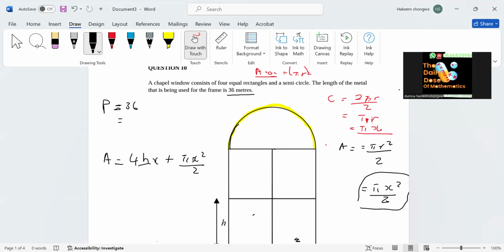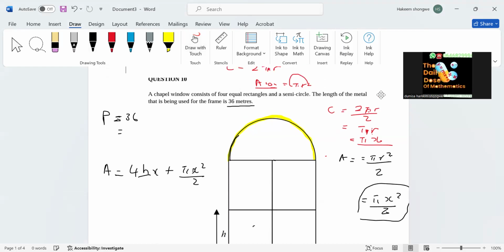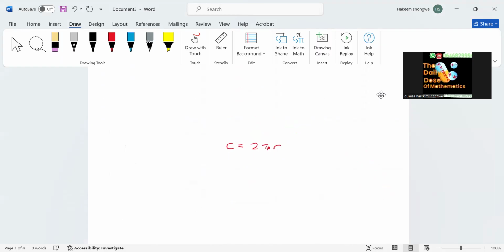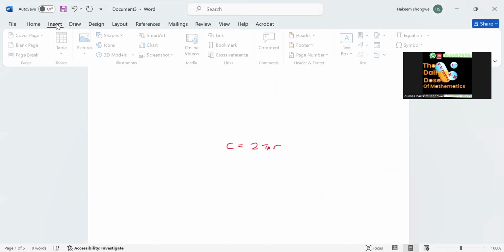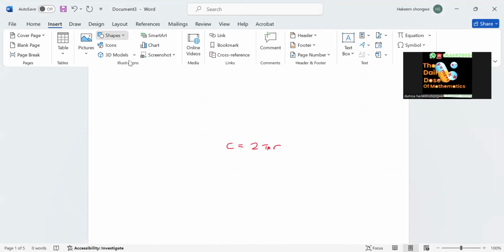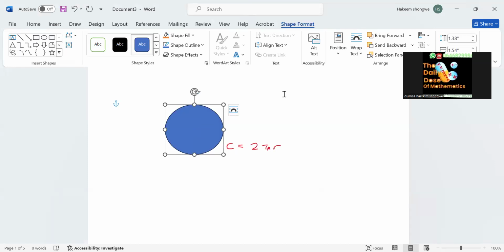So, can you please draw a circle? Let me just do this and draw a circle. Circle, insert. I want a circle. It shouldn't be filled.